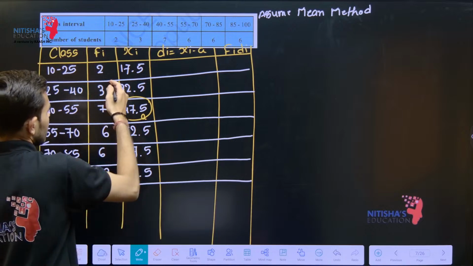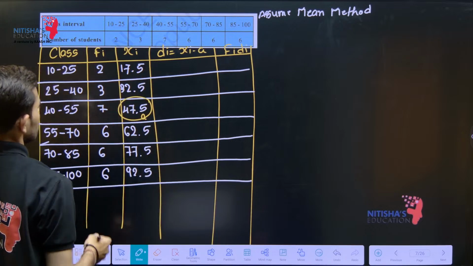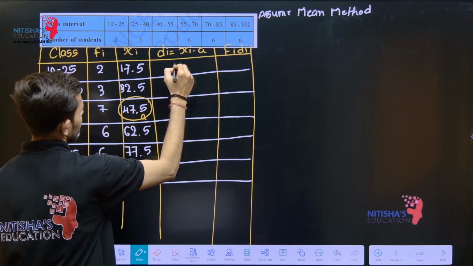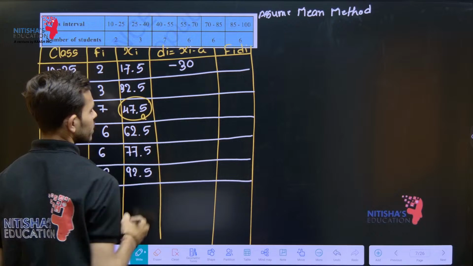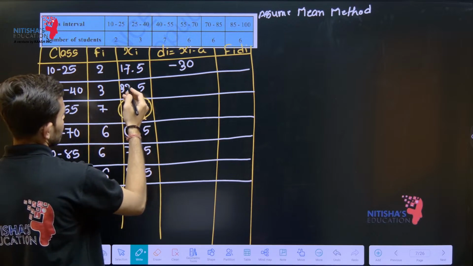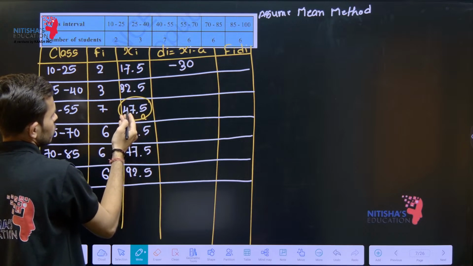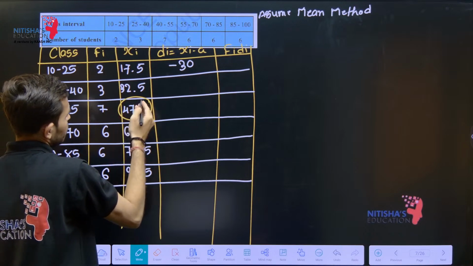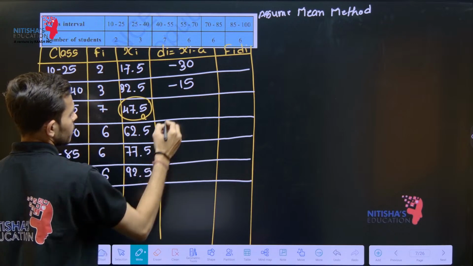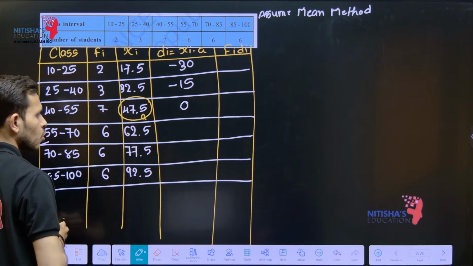So it's 17.5 minus 47.5. If we subtract it, we will get minus 30 over here. Next, if we subtract 47.5 from 32.5, then we will get minus 15 over here. We will get 0.